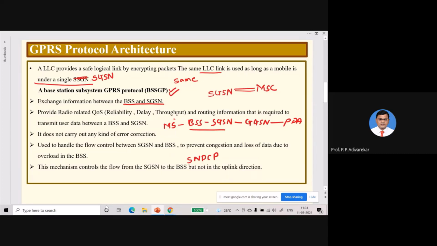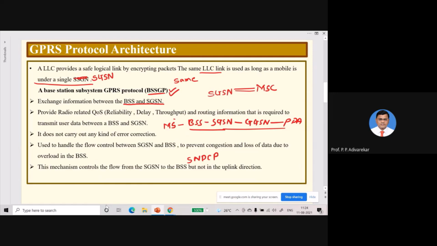When data is initiated from a mobile handset and transferred to the external network, which may be a wired network, routing has to be specified for SGSN, because SGSN is a router and a router requires routing information. That routing information is obtained from BSSGP. So BSSGP also provides routing information for SGSN.